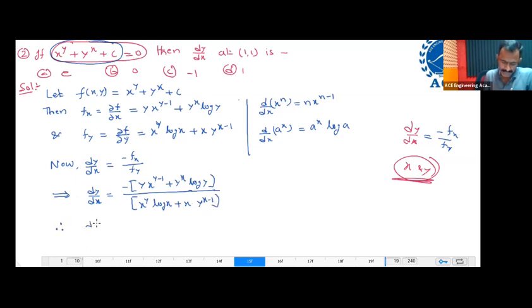Therefore, dy by dx at (1, 1), that is x equal to 1, y equal to 1. Log 1 is 0, here log 1 is 0. So finally it is minus 1. It is the answer.